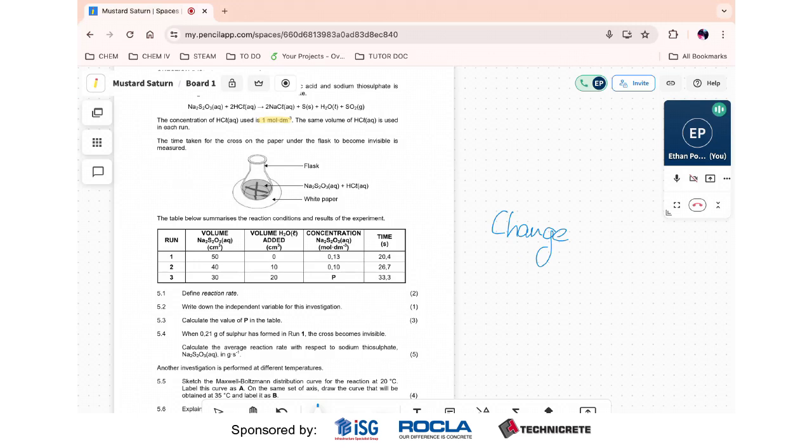And it would be in any of those variables just mentioned, either in the products or reactants. So you can measure reaction rate with respect to products or reactants. I'll just say RXN for short. And then the last bit that's important is to say per unit time, because it's a rate. So it's a change per unit time.